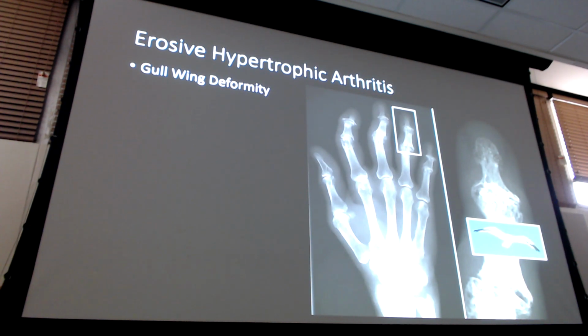Yes, sir. Is there a way on X-ray to tell if it's a gull wing deformity for sure versus the Bouchard's nodes and Heberden's nodes? Because they are in the PIP and DIP, right? They are. That's the area, but the Bouchard's nodes and the Heberden's nodes don't necessarily have a significant major bony abnormality per se.